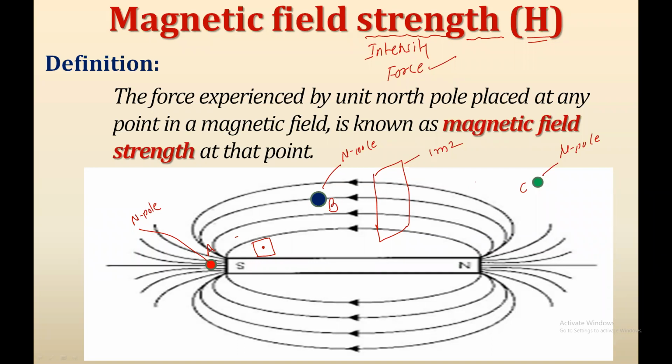We say that the flux density decreases. Similarly, as with magnetic field strength, we can say that the flux density is very high near the magnet and becomes weaker and weaker as we move away from the magnet. This is my point.